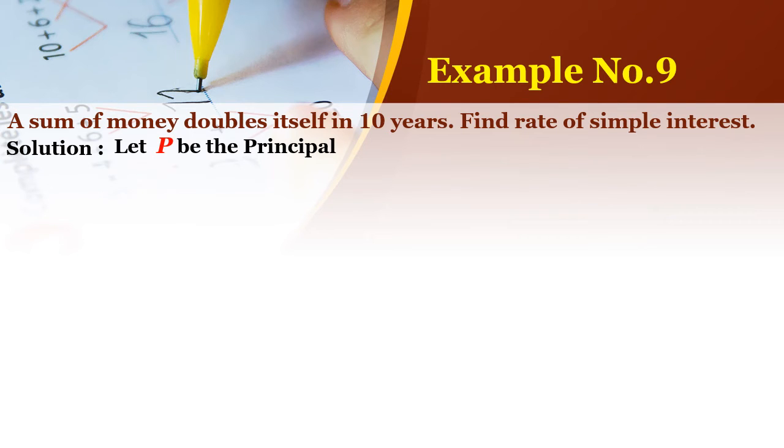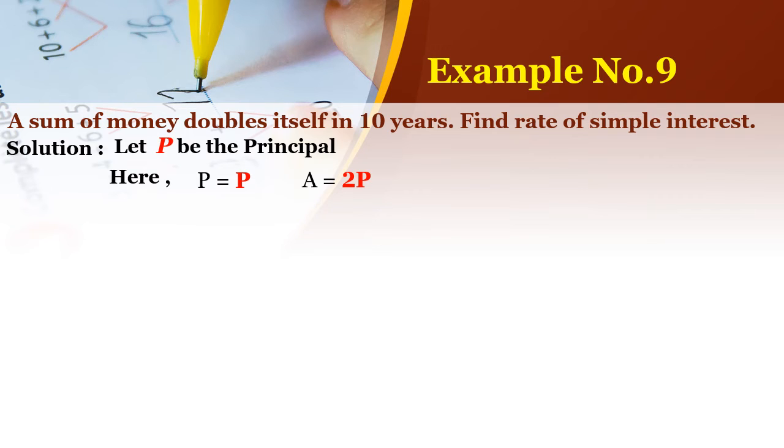We assume that the principal amount is P, and when the sum of money doubles itself in 10 years, then the amount is 2P, because the sum of money doubles itself in 10 years, and at that time what is the rate of simple interest?